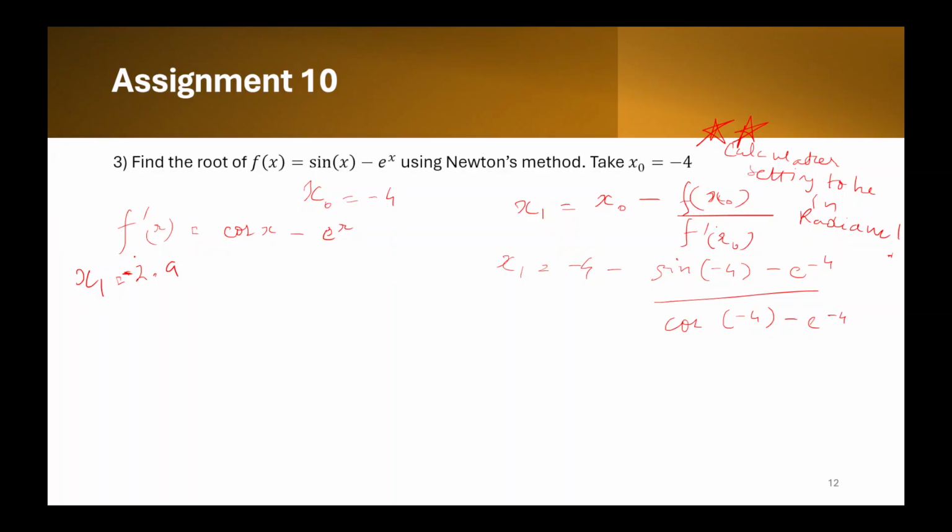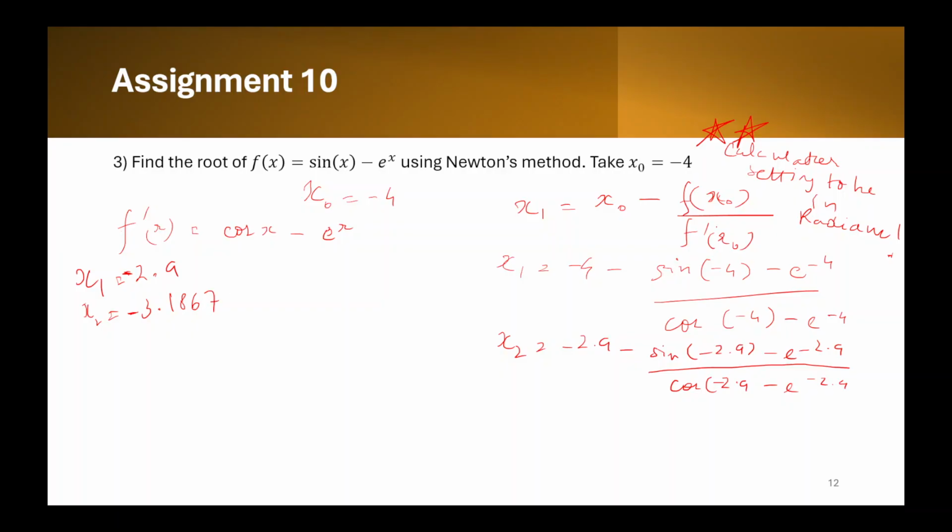Next, what will be x2? It will be minus 2.9 minus sine of minus 2.9 minus e to the power minus 2.9, upon cos of minus 2.9 minus e to the power minus 2.9. So you get x2 as minus 3.1867.